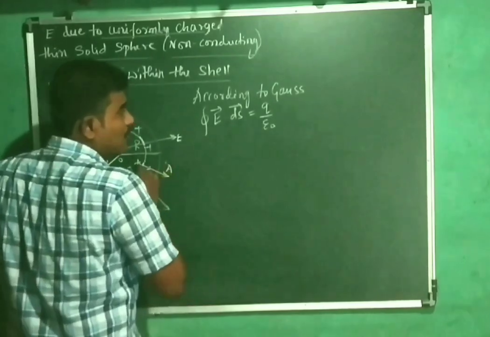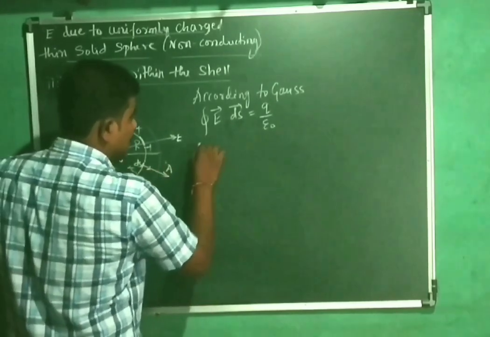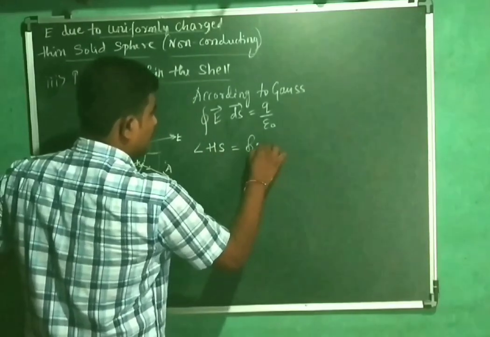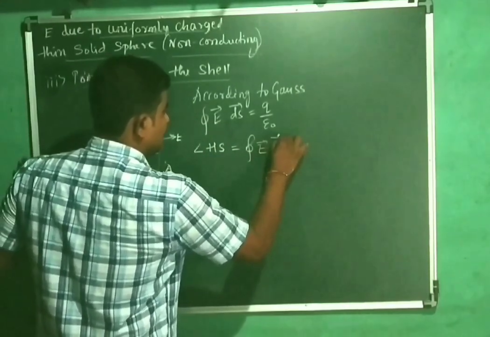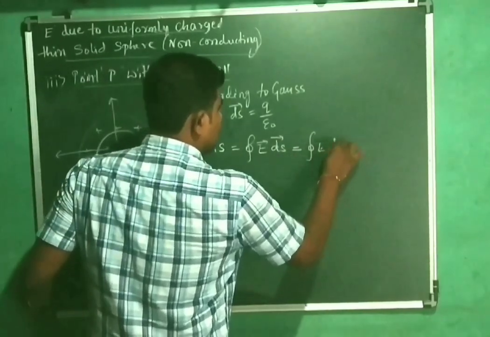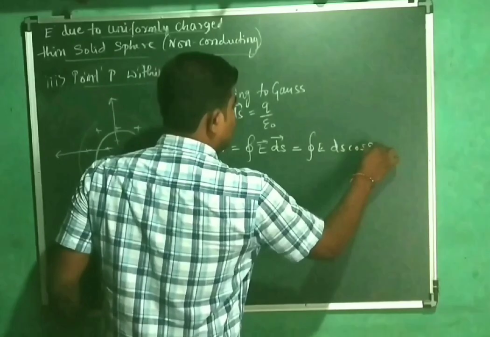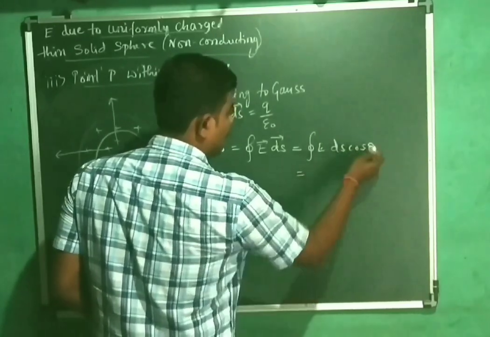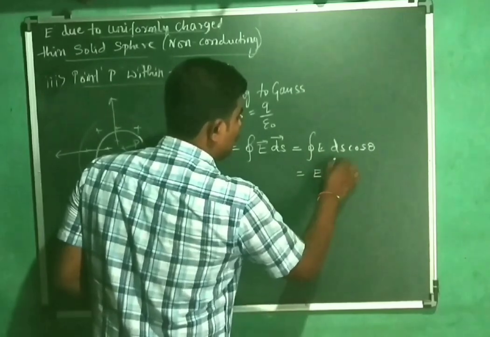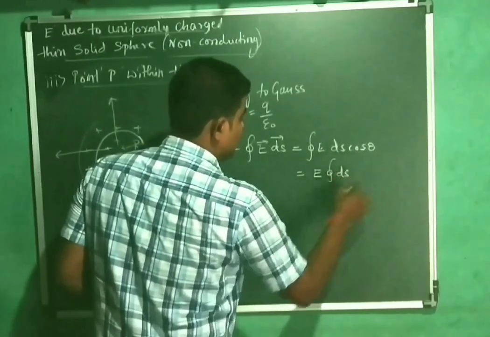Therefore cos theta value is how much? It is 0. Therefore LHS part I can write closed integral E ds is equal to closed integral E ds cos theta, where theta value is 0. Therefore cos 0 is 1, and E electric field is constant, therefore it is taken outside, and closed integral ds.